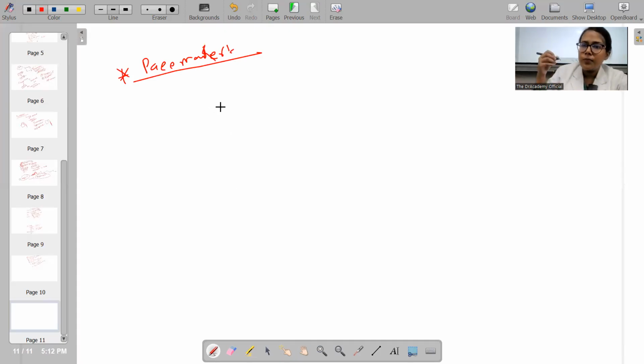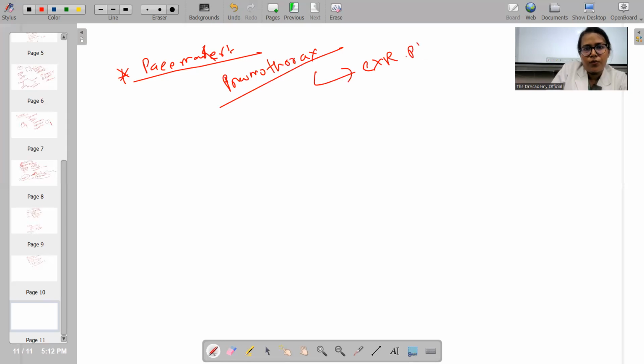Number 2, during the pacemaker insertion there might be development of pneumothorax. So it's very important to do a chest X-ray PA view right after the pacemaker insertion, okay? And one of the immediate post-op complications can be infection.